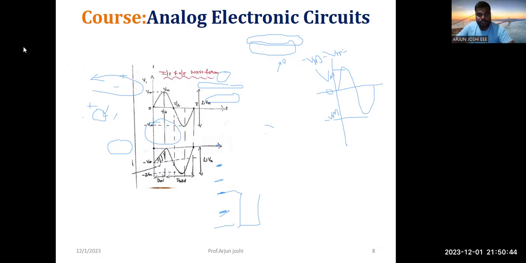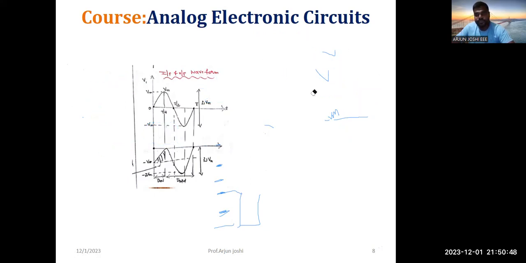Okay. Previously we discussed the square waveform. Now let's discuss the sine waveform. Here in the sine waveform, whenever Vi is equal to 0, the output V naught is minus Vm.